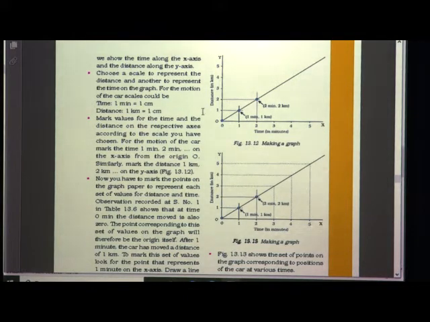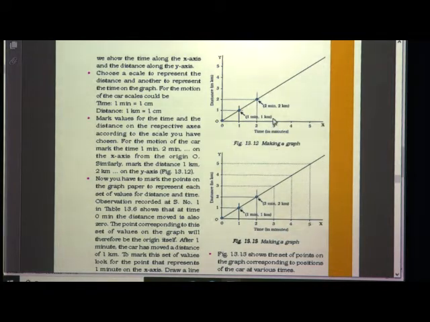From the y axis we draw a line, and from 1 minute we draw a straight line, and they intersect here. That intersection point shows that after 1 minute, 1 kilometer distance is covered.